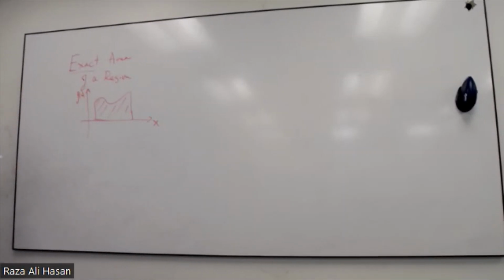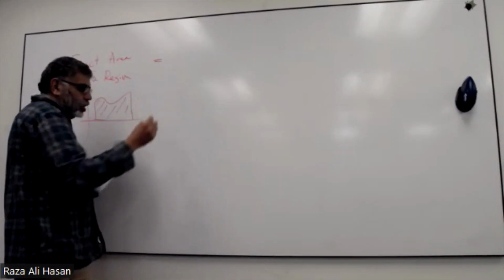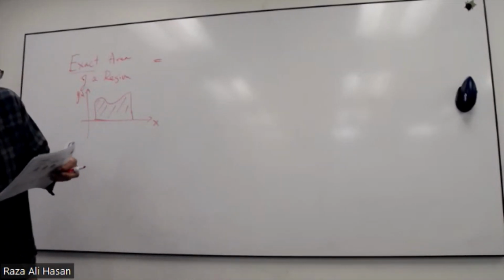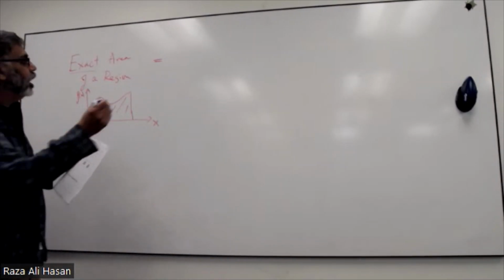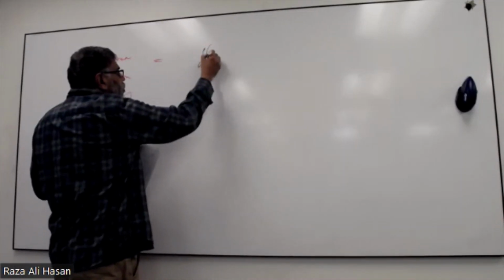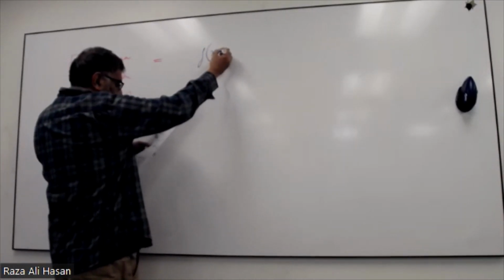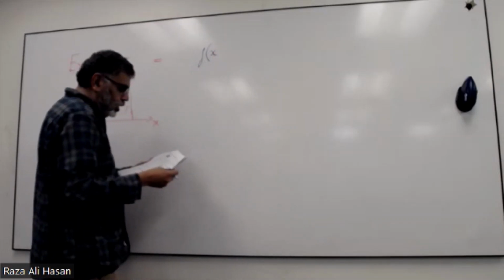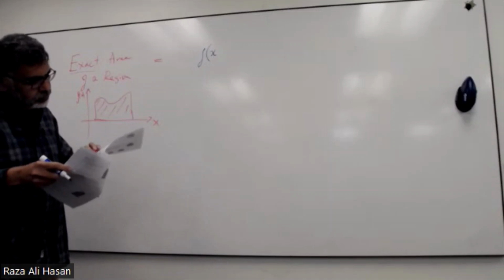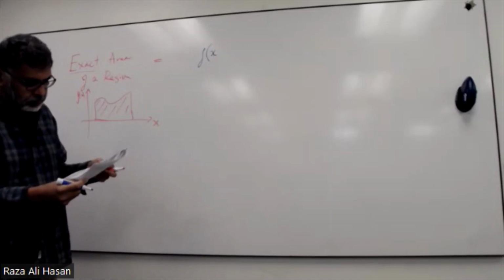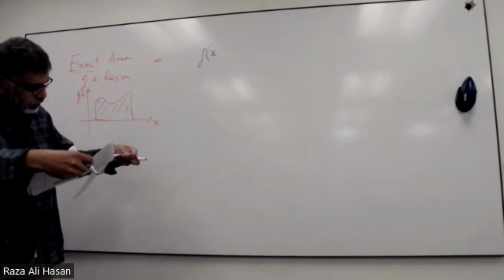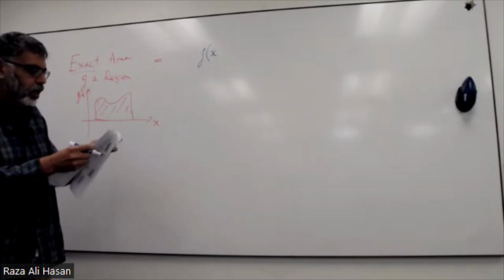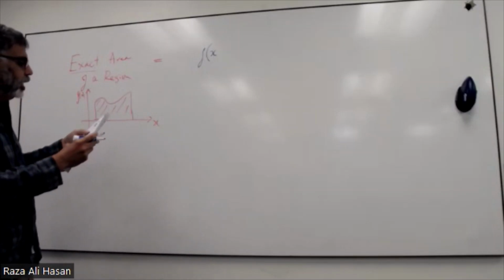All right. So exact area of a region is what? It is the height of the function. I guess I must have used k. I don't remember. All right, I'm gonna use k here.